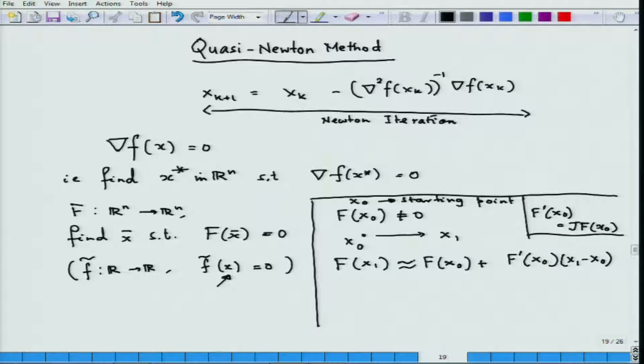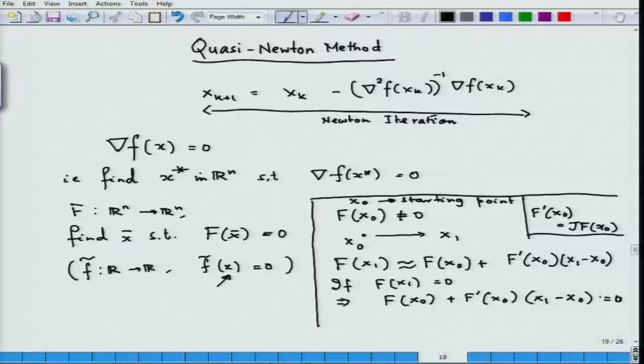Once you can do that, you observe that I want x 1 to be my solution. So if f of x 1 is equal to 0, it would imply approximately that we can get this expression, which will lead to the update, provided you can take the inverse of this matrix.